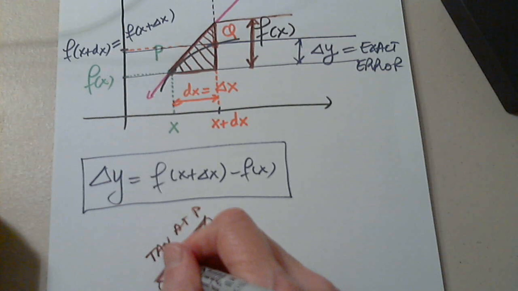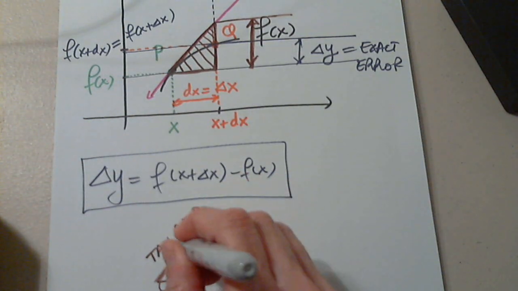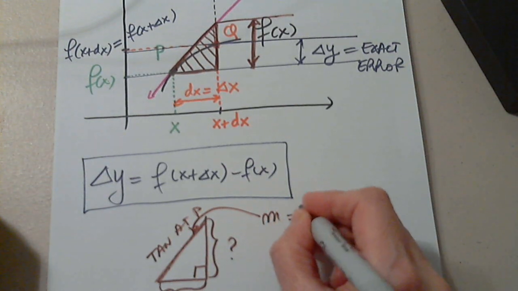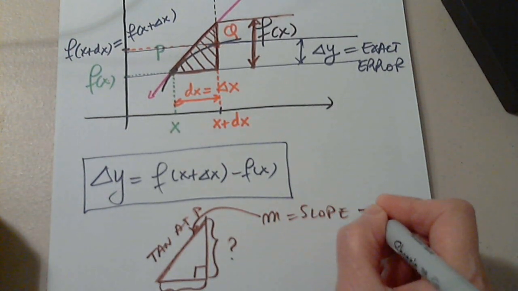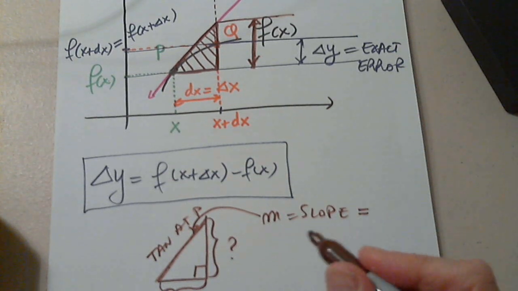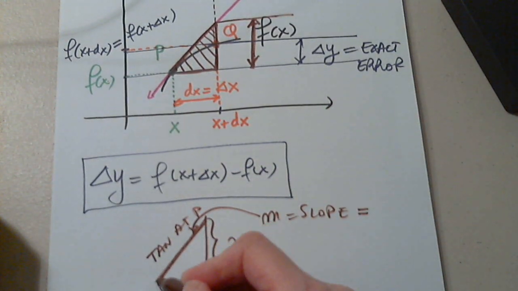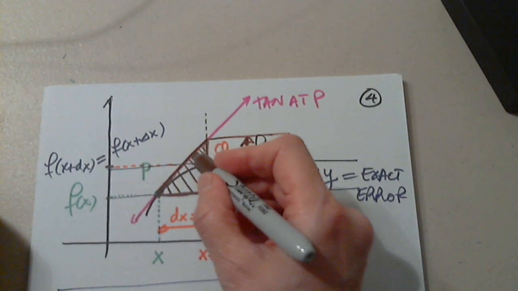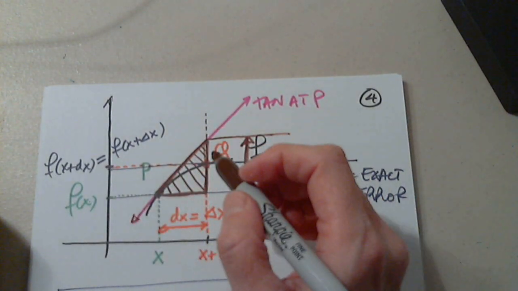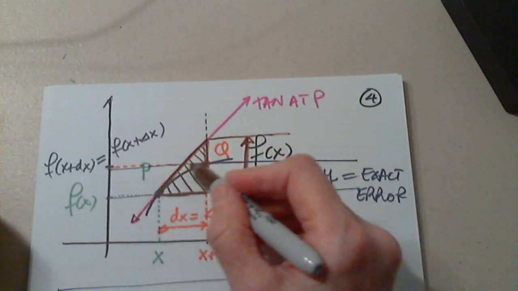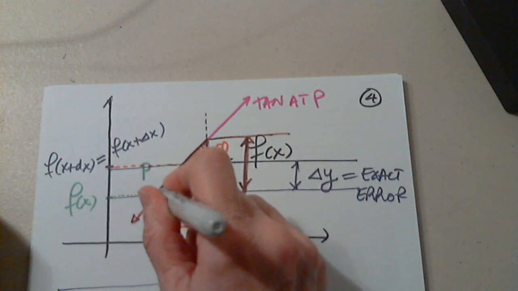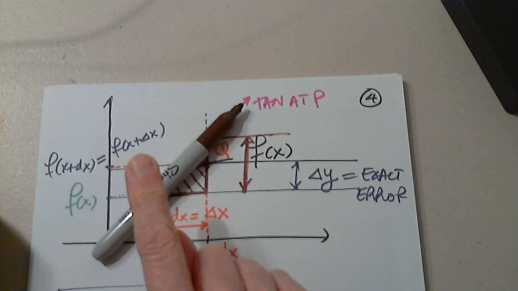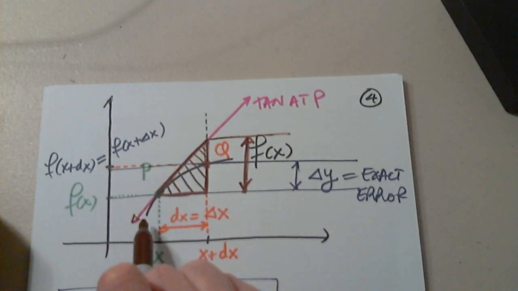And I do know that the slope of this line, can anyone tell us, what is the slope of this line? Remember, it is the tangent at P. We had these kind of exercises or problems in which we were given a function, we were given a point, and we were asked, find the slope of the tangent, and then the equation of the tangent line to the graph at this point.